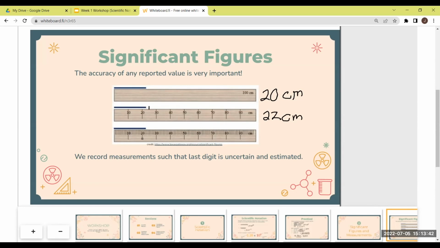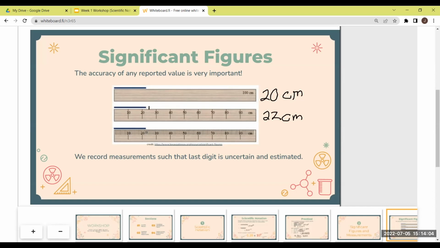And then this third one, there's a lot more tick marks in between the 20 and the 30, so we can actually count it a lot more precisely. So we have 1, 2, 3. It's actually right now between 22 and 23 centimeters.